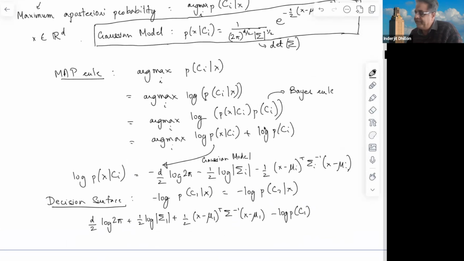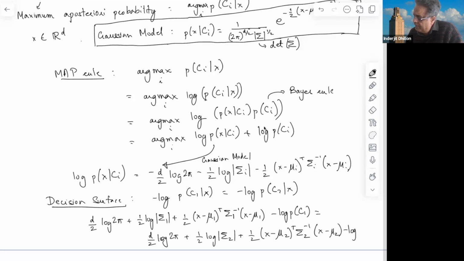And the decision surface is that this equals d by 2 log 2 pi plus 1/2 log determinant of sigma 2 plus 1/2 x minus mu 2 transpose, I missed a sigma there, sigma 2 inverse x minus mu 2, minus log of P of C2.